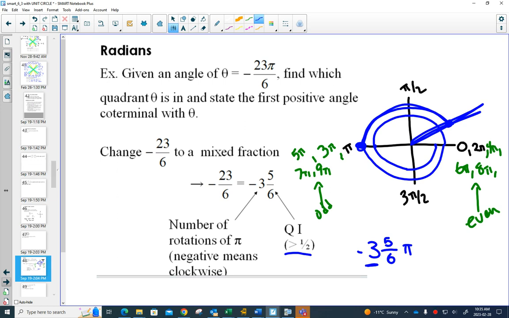So in radians, it's going to be really easy to say what it's coterminal with. The first positive angle it's coterminal with is the pi/6 family in quadrant 1. That's really easy. That's just pi/6.